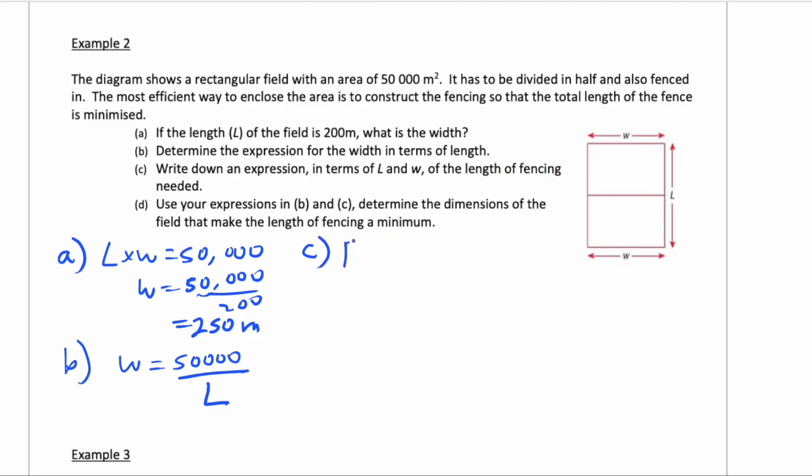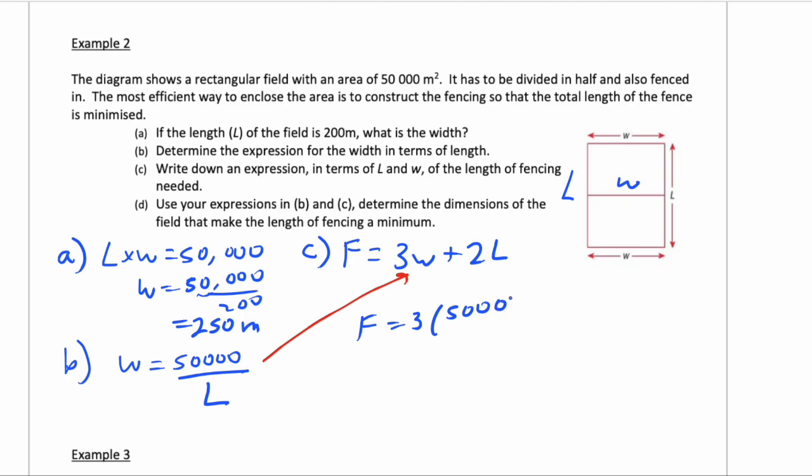I guess I'll call that F. Can't use L. Total length of fencing, well, this is L and this is a W, so that's going to be 3W plus 2L. We already have this solved for W, so you can just substitute that in here, because you want one variable. We want one variable so that we can either graph it or do some calculus with it. So that's 150,000 over L, or let me write that as 150,000 L to the power negative 1 plus 2L.